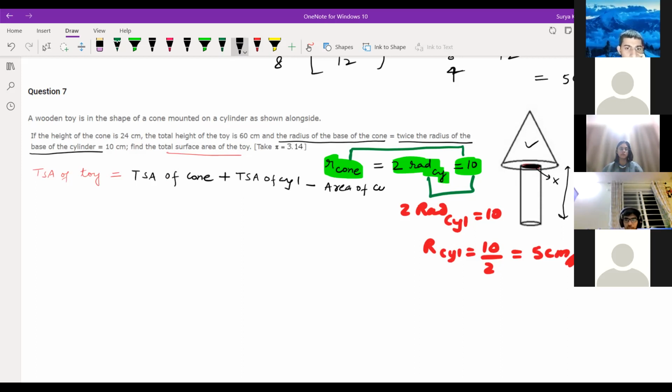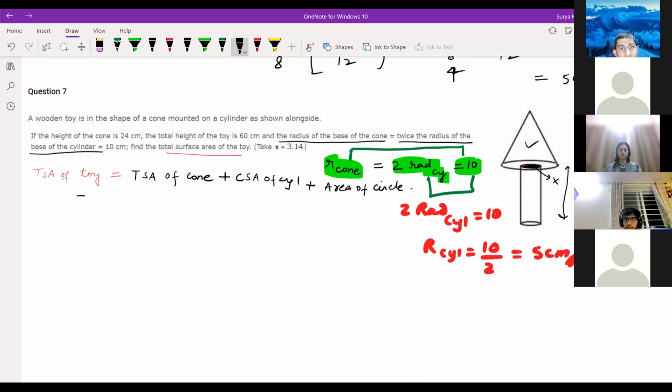Area of circle. Can we do like this? Or you can do CSA of cylinder plus area of circle, your wish. CSA of cylinder plus area of circle. It's clear or not? Yes.